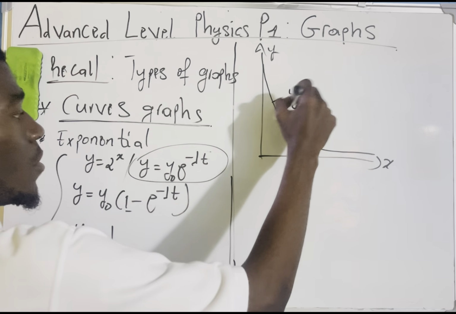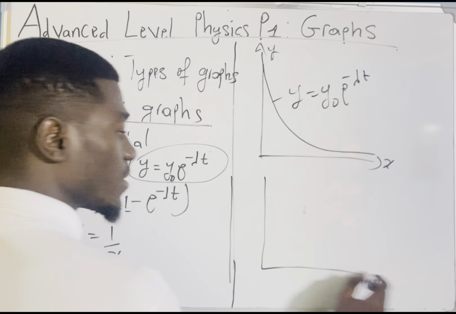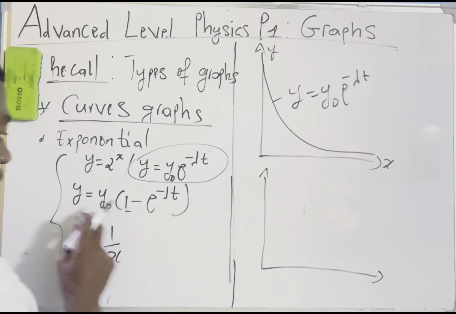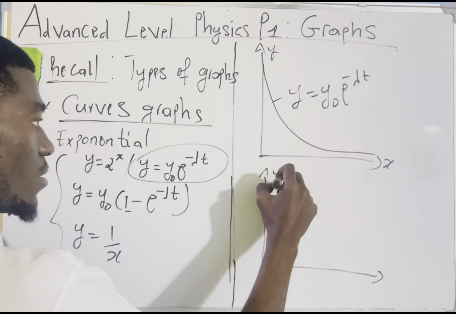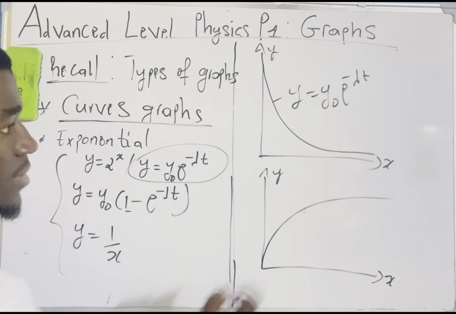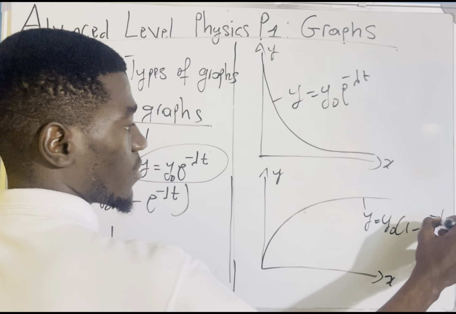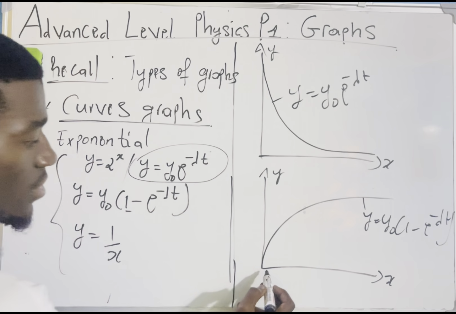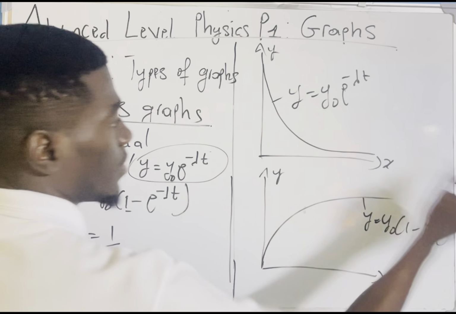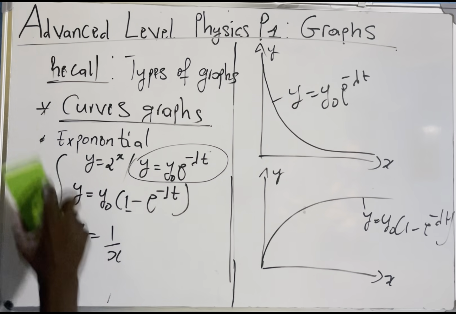And for a charging process, it will go somewhere like that. This is y equals y0 in bracket 1 minus exponential of negative lambda t, starting here at 0 and going like that to infinity. So those are the different types of curve that we can have.